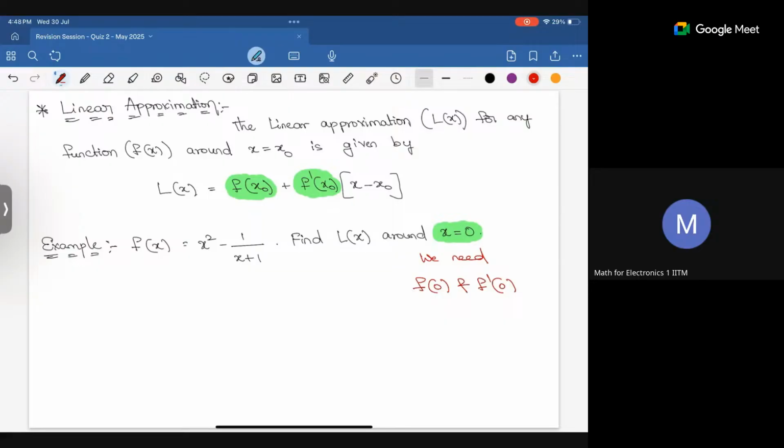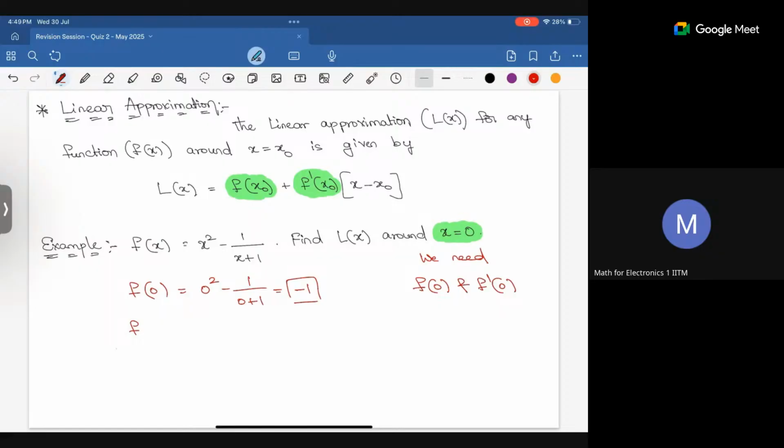So we need these two things to find the linear approximation around x equals 0. So we have f of x, so we can find f of 0. F of 0 is 0 square minus 1 by 0 plus 1, which will be minus 1.